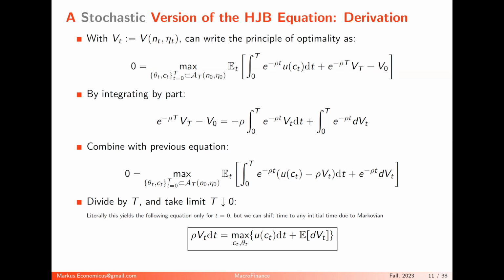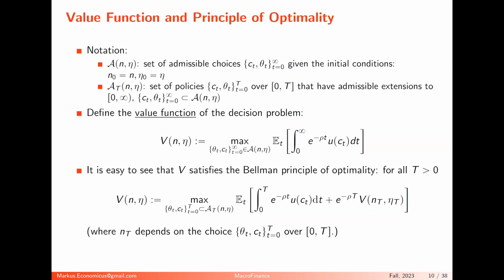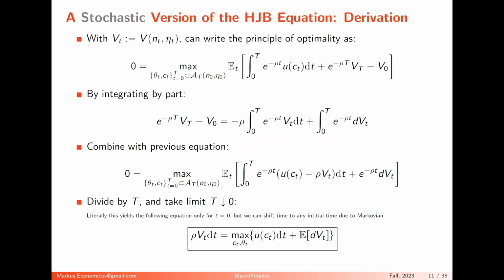So that's what we had. This is from the previous step, where I just move this guy to the other side, and then I get 0 is given by this: the term from capital T onwards minus v0. This was v0, and I move it over there. Then I do integration by parts, and I want to replace this guy by integration by parts. This becomes this thing here. This is the important term, which I move from 0 to capital T, which is just given by this thing. So you integrate the discounted value function from 0.